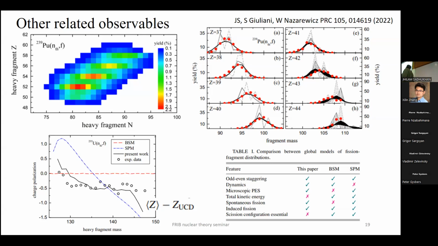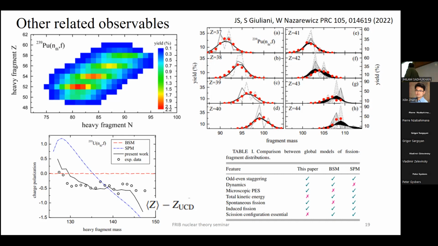So this is a table which shows what we can really do and what we really need compared to other models. For example, we can calculate odd-even staggering. Our calculation involves dynamics because we calculate the WKB pathway, which is driven by the dynamics, and then we use a microscopic potential energy surface. We can calculate the kinetic energy distribution, but it is not incorporated in our model.